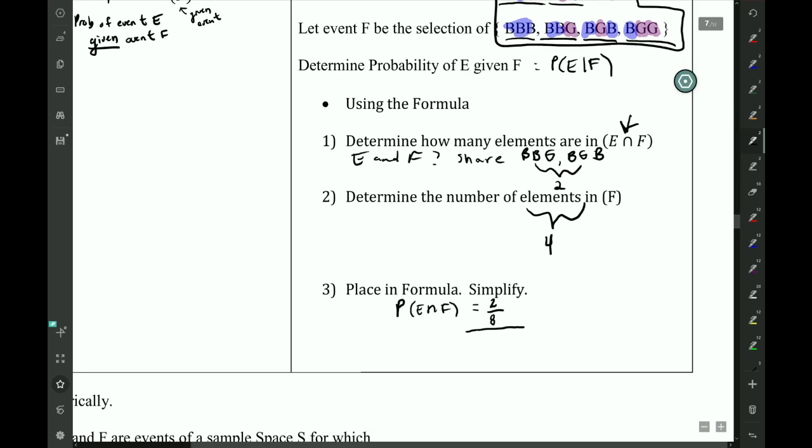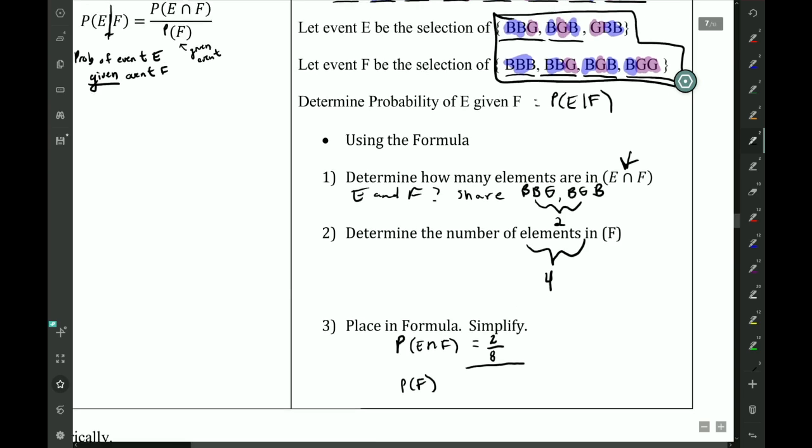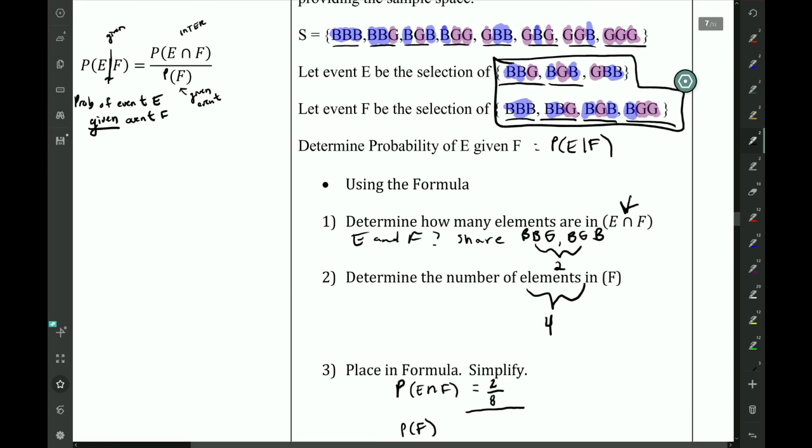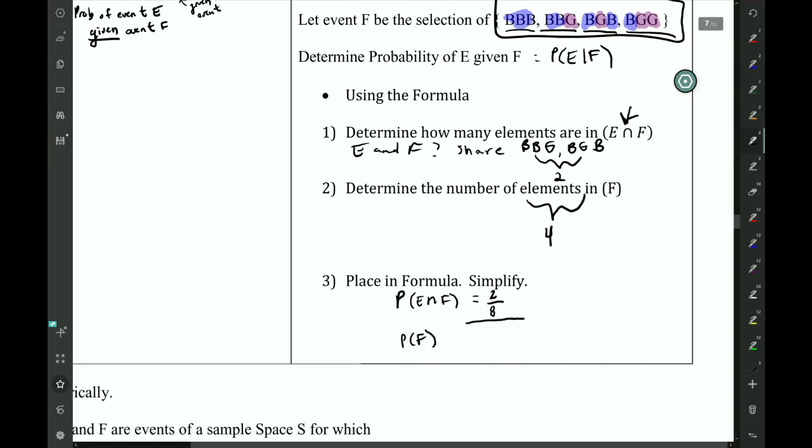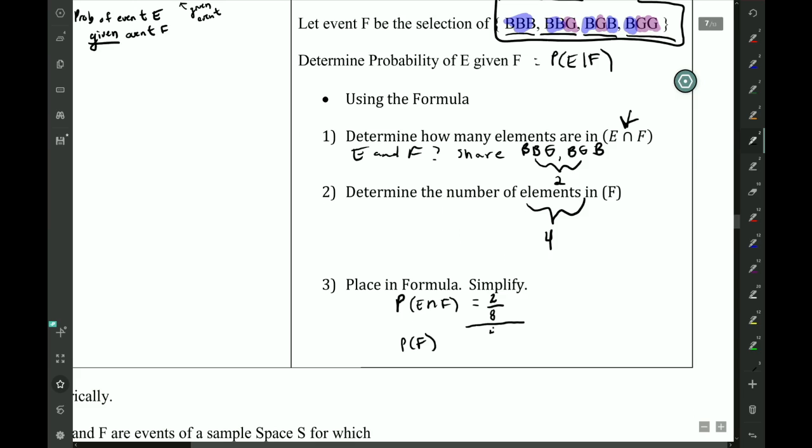Divided by the probability of F, well that was 4 out of 8. And here's the little trick: when you divide fractions, it's 2 over 8, you keep, flip, change the division to multiplication, 8 over 4, and really it's 2 over 4, or 1/2.